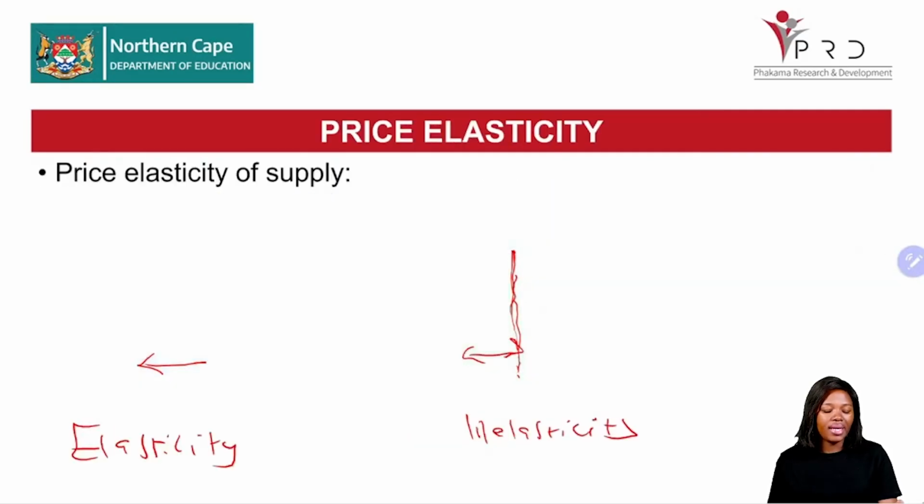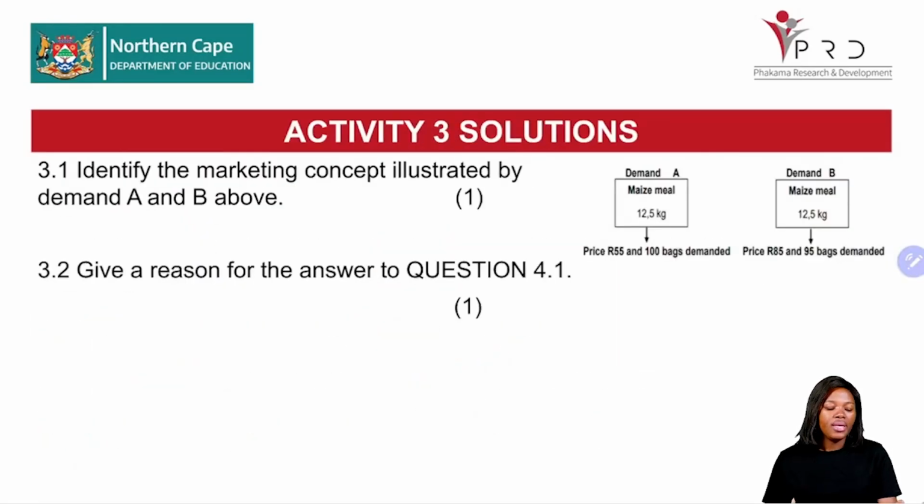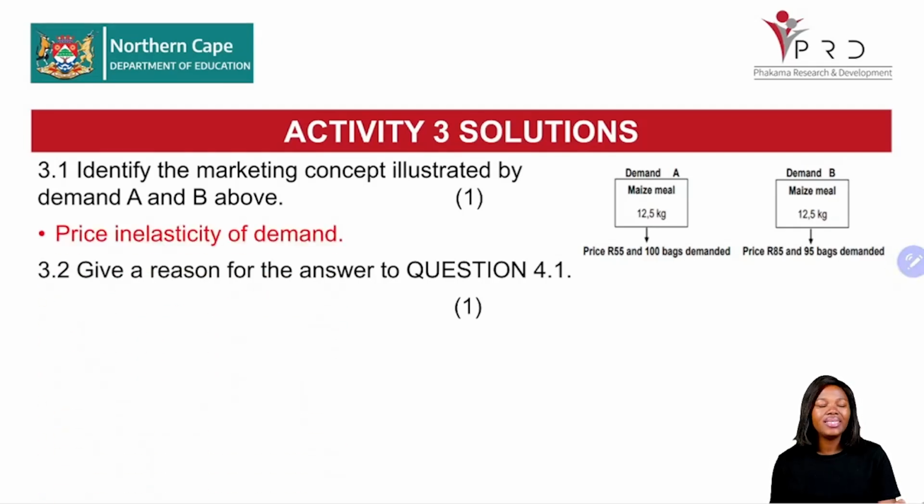Diagram A and diagram B indicate price inelasticity of demand. Why?